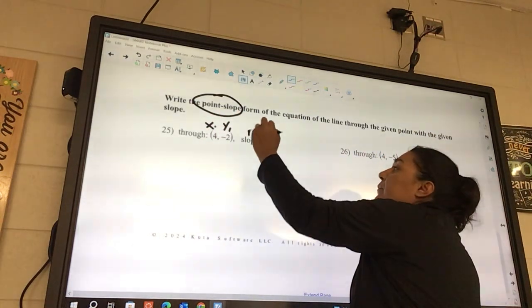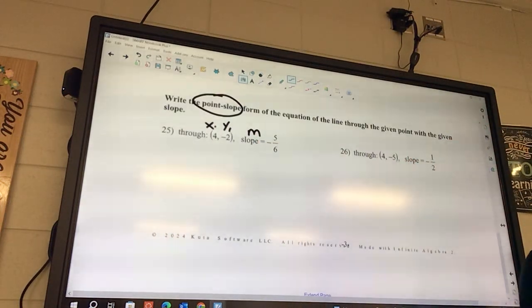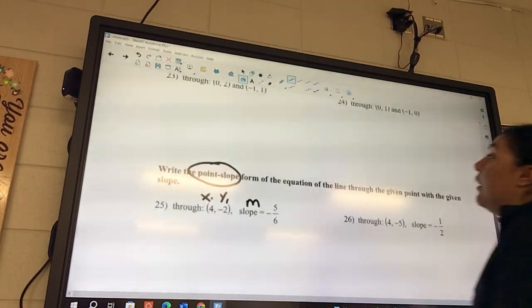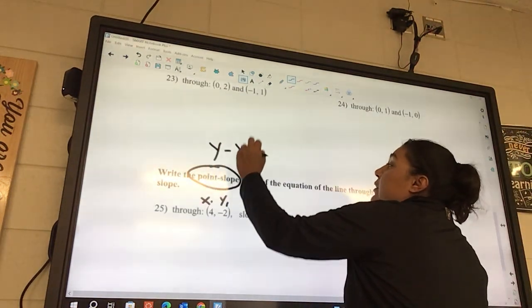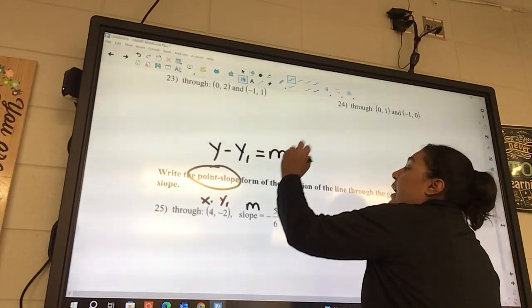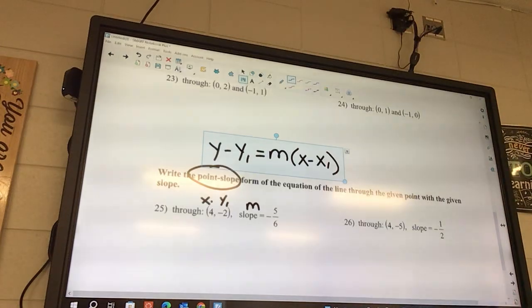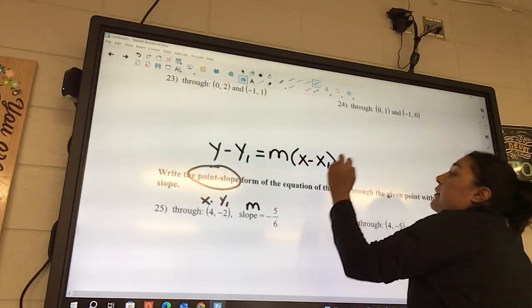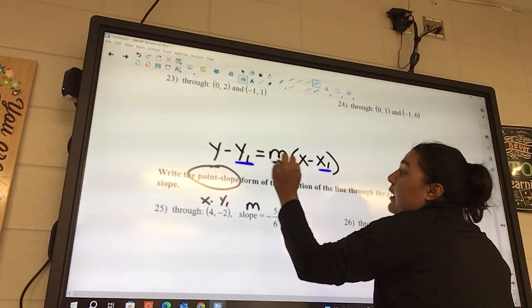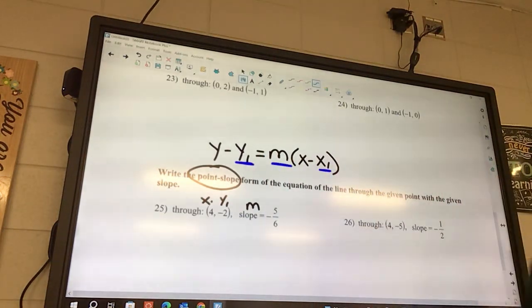M. Okay, so we use this formula, y minus y1 equals m parenthesis x minus x1. Okay, that's the point slope formula. These parts are the parts that you're going to plug in.